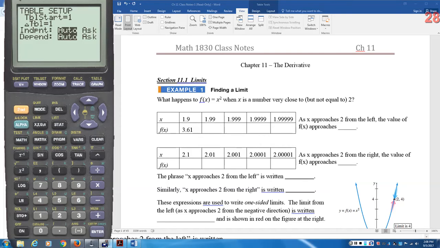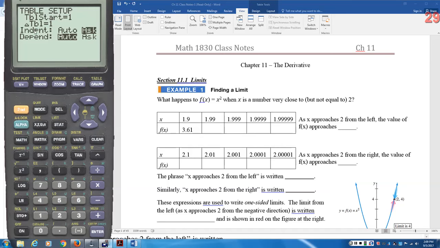On the window button, I don't care what it says here. What I want you to do is take your arrows and move down to where it says independent, that's the x values. And I want you to move that cursor over to ask and press enter. And I want you to leave that screen looking like that, unless I tell you differently. Just leave that screen looking like that all the time, because we're going to do this a lot and you don't want to have to go back and change it all the time.